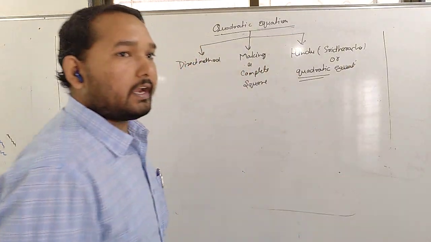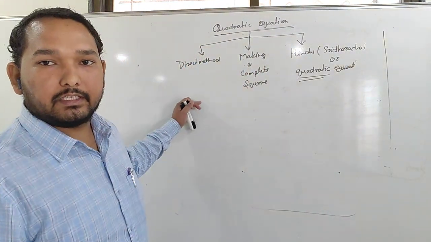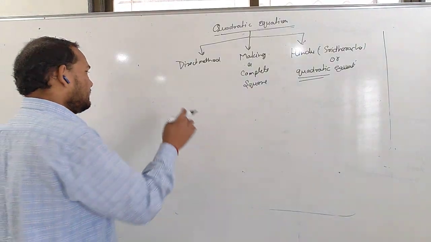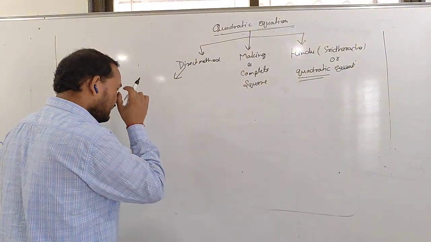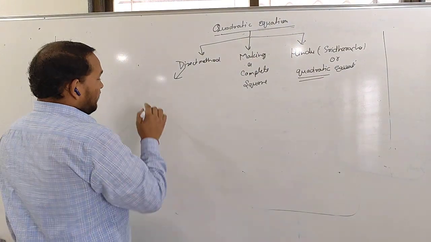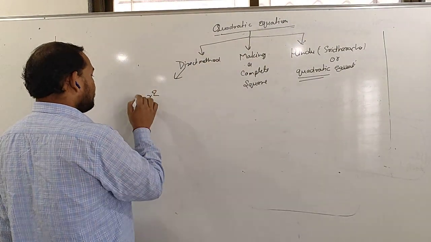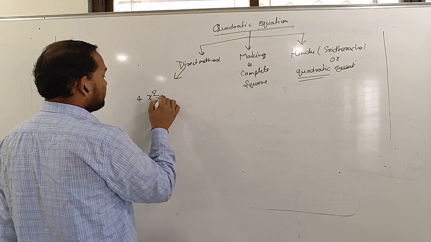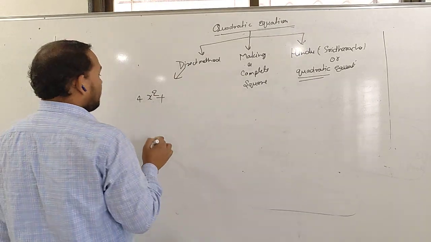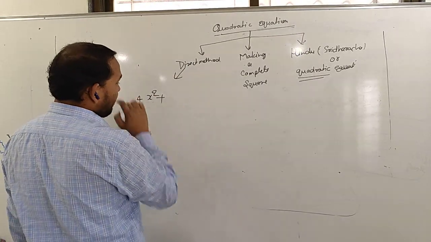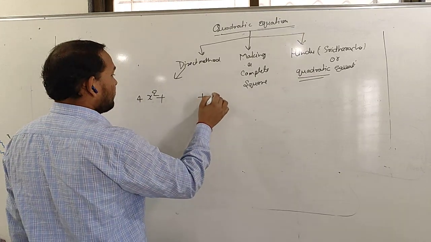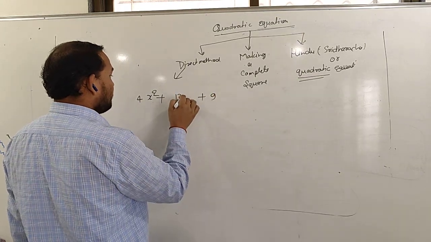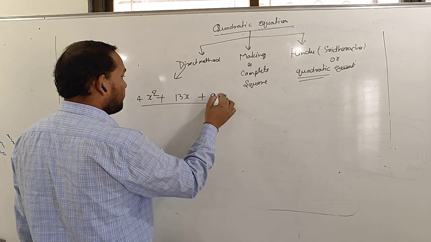What is the direct method? In a previous example, suppose we take an example for the direct method: 4x square plus 13x plus 9 equal to 0.